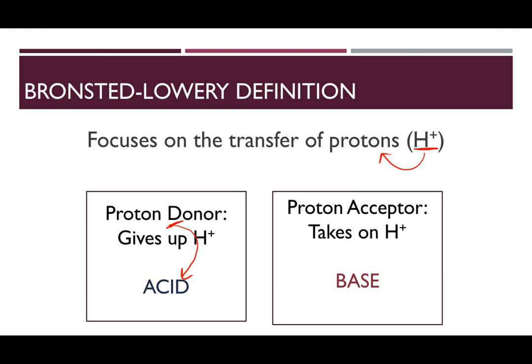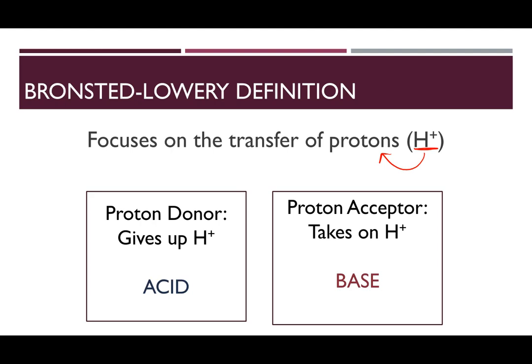That D and D are how I connect those two in my brain. A base, on the other hand, is going to be a proton acceptor. And again, I see this A in acceptor, and I see the A inside of the word base. So accept, base. That's how I connect those two. So when we start looking at chemical reactions, the base is going to be something that accepts a proton.